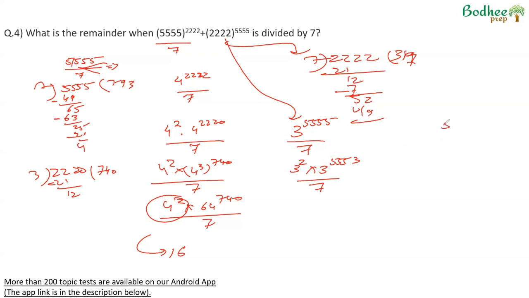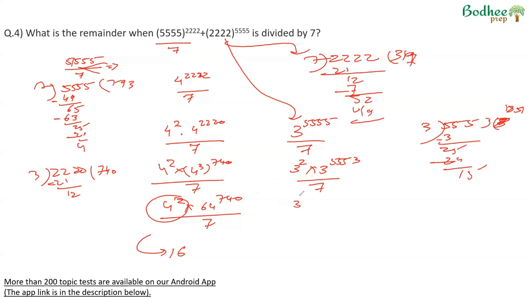Again I'm trying to take the cube of 3. 5553 divided by 3 is 1851.